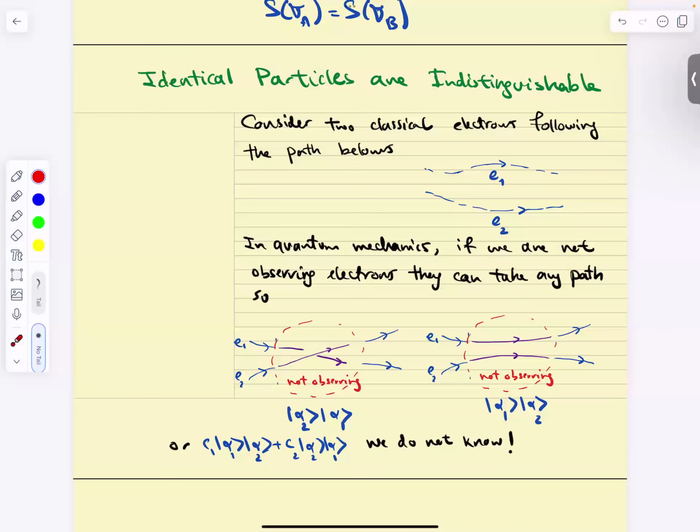This is true for identical particles, right? What do I mean by that? Can you tell? Like they have properties. They have physical properties that are unique, other physical properties that could be simultaneously measured as the position.